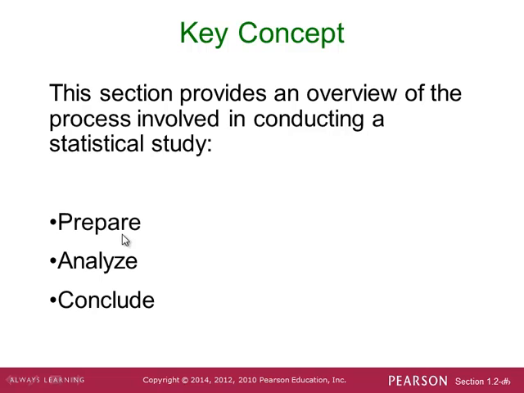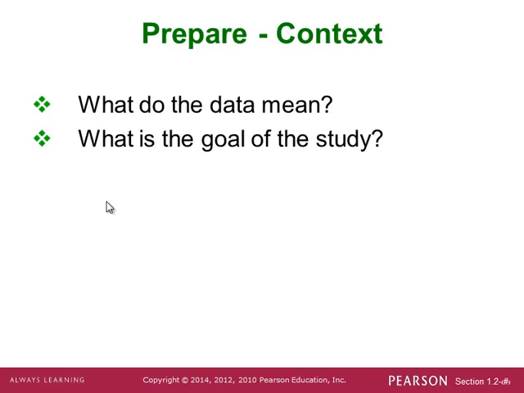But just understand that these are general, discrete steps for any sort of scientific study, including statistical studies. So, in preparing to do a statistical study, we try to think about what is it that we really want to do? What do we want to measure? What is the goal of the study?